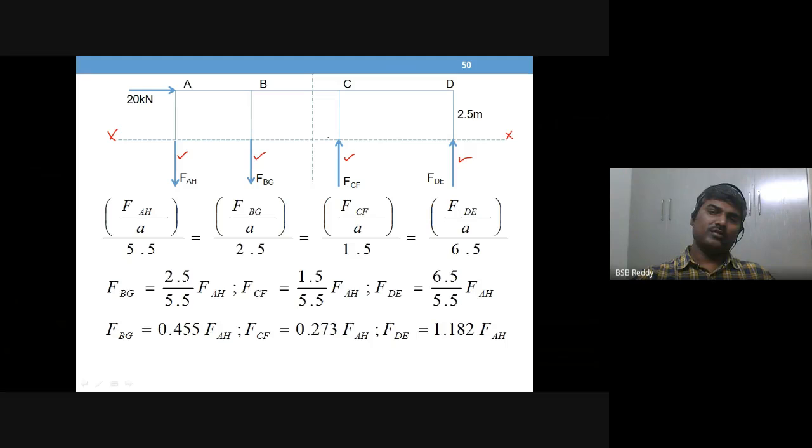This is the location where the load is trying to rotate the frame in the clockwise direction, so you need an anti-clockwise moment. That's why the downward arrow on the left and the upward arrow on the right create an anti-clockwise moment.